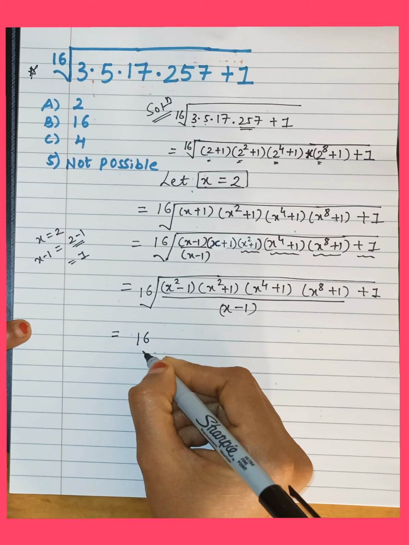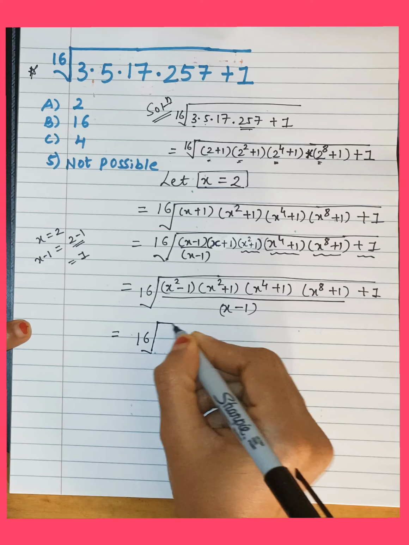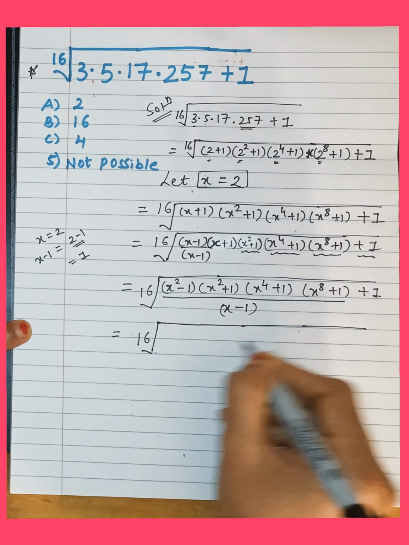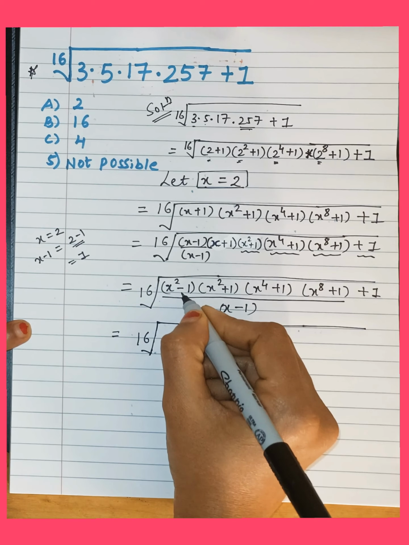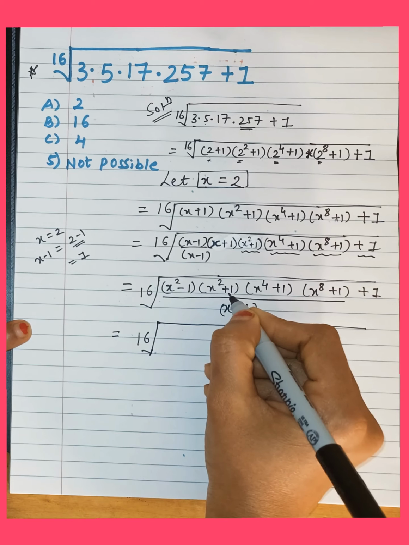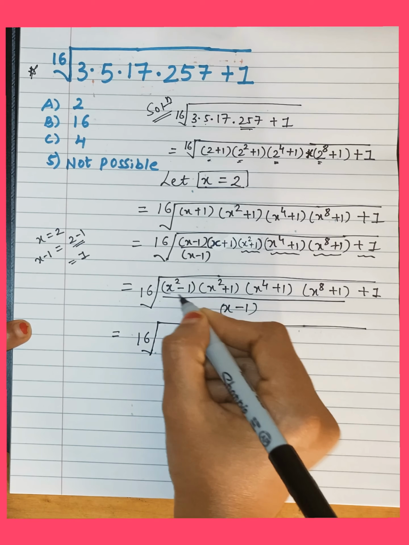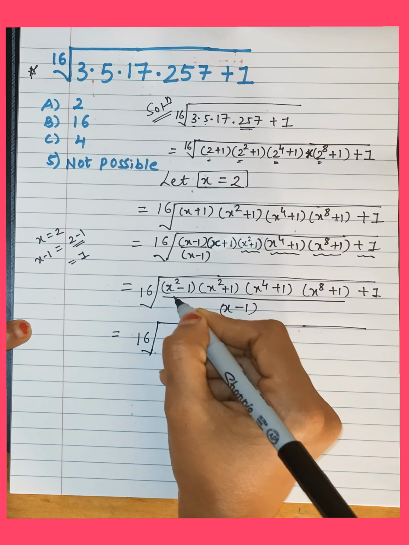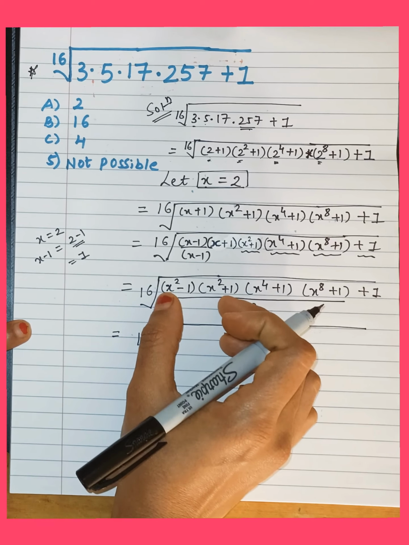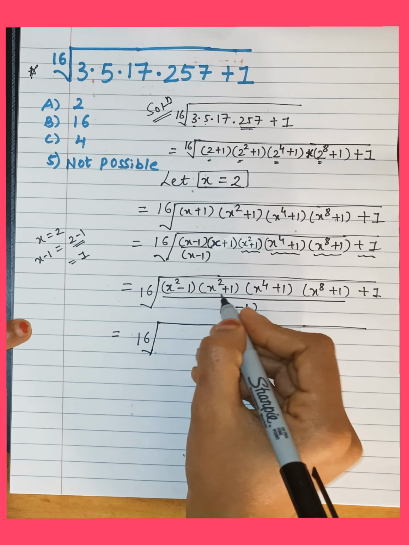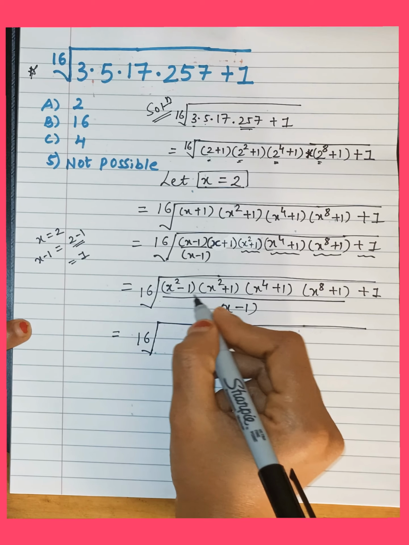Now 16th root of x square minus 1, x square plus 1. Again it is a minus b into a plus b. In place of a, we have x square. So again here we can apply the identity. It is a minus b into a plus b, that is a square minus b square.